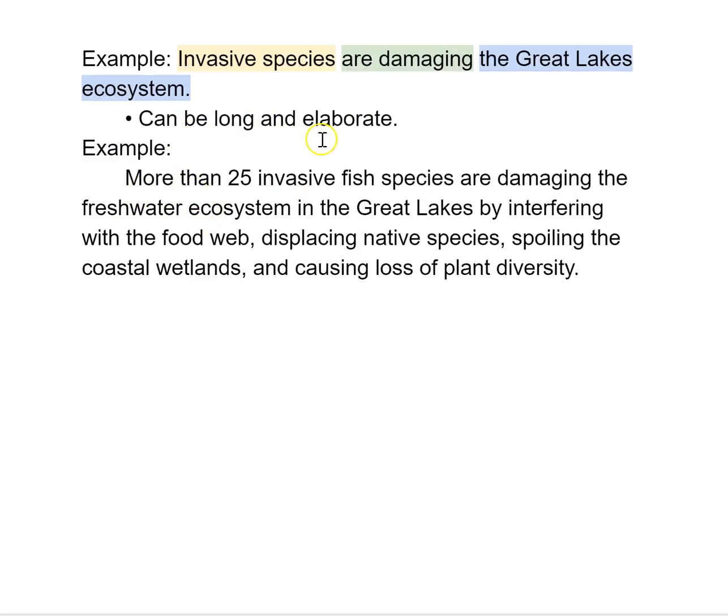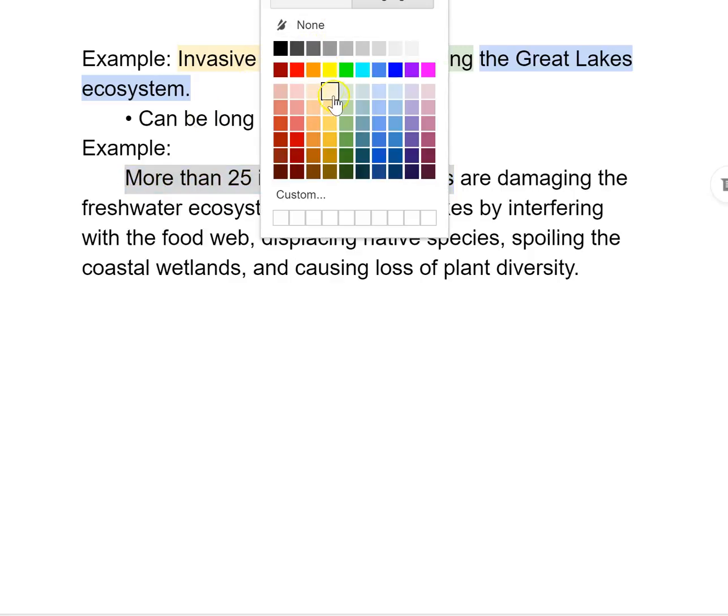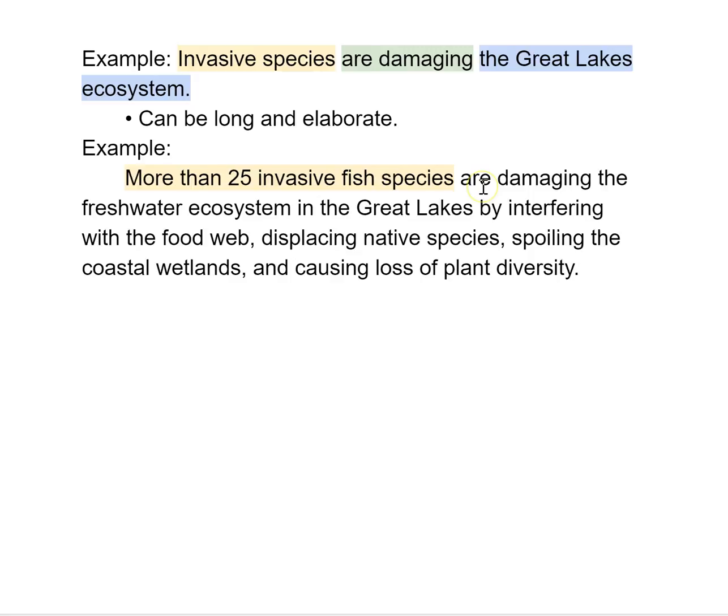Okay, they can also be long and elaborate. Here's another example. More than 25 invasive fish species. So that is the topic. What are we going to find out about them? We're going to find out about how they are damaging freshwater ecosystems in the Great Lakes.